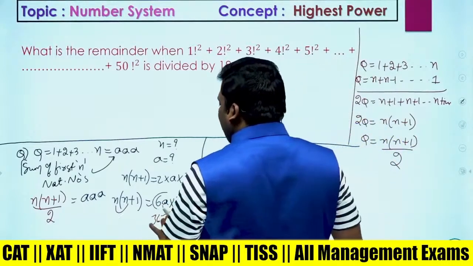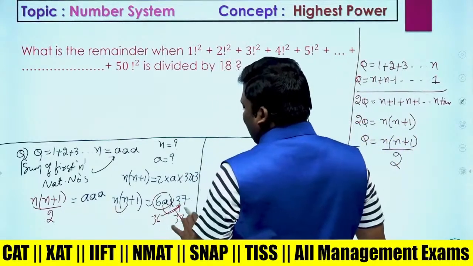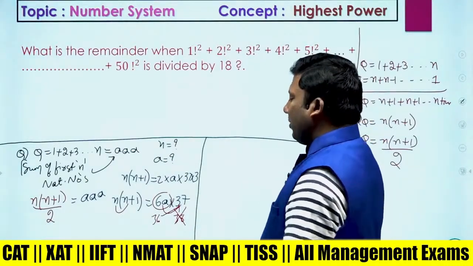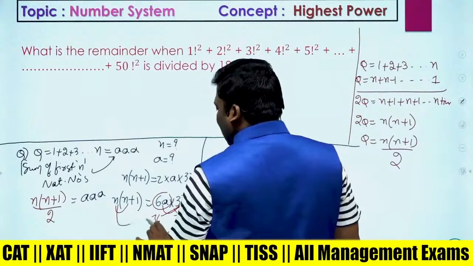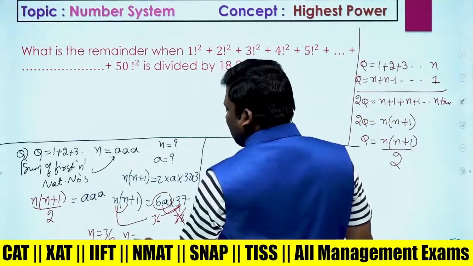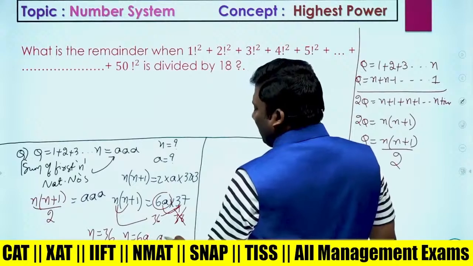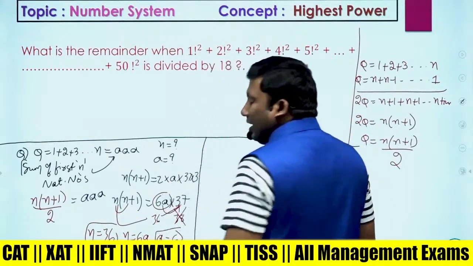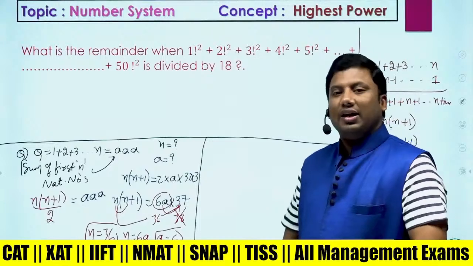And this is a multiple of 6. So 38 is not a multiple of 6. Over. So n value is 36. N is 6A, so A value will be 6. N is 36 and A value is 6.